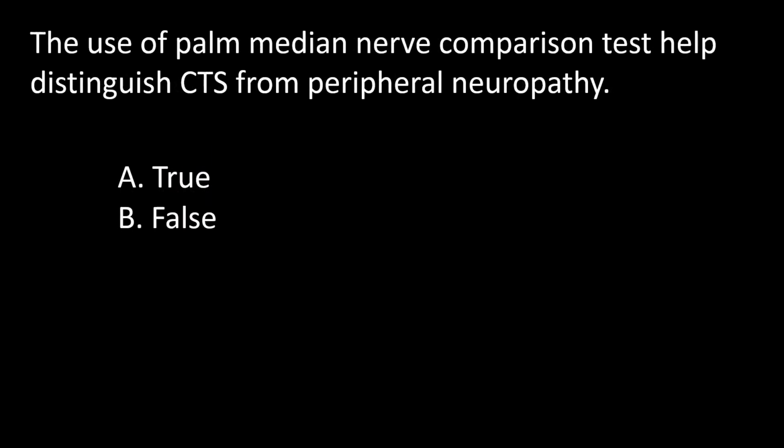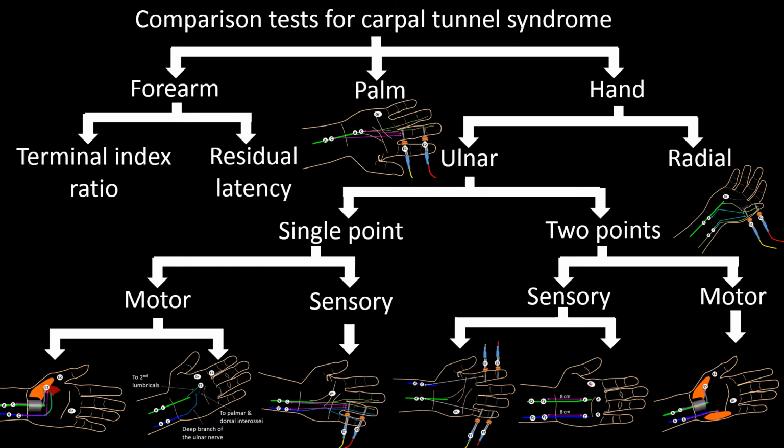Next question. The use of palm median nerve comparison test helps distinguish carpal tunnel syndrome from peripheral neuropathy. A true, B false. As you can see, this frame has the figure of the general comparison test for carpal tunnel syndrome. The arrow indicates the median nerve short distance comparison between two segments, the cross the wrist to palm segment and the palm to third finger segment.